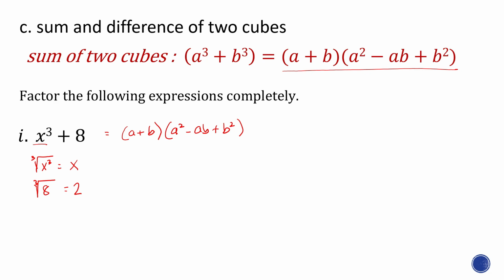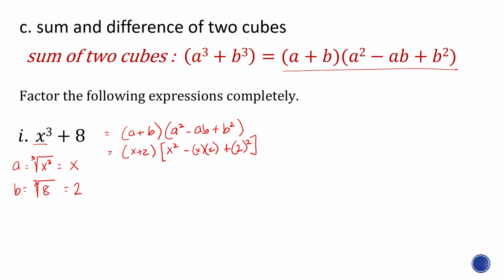So basically, our a is x and our b is 2, which means that we can rewrite x cubed plus 8 as x plus 2 times x squared minus x times 2 plus 2 squared.